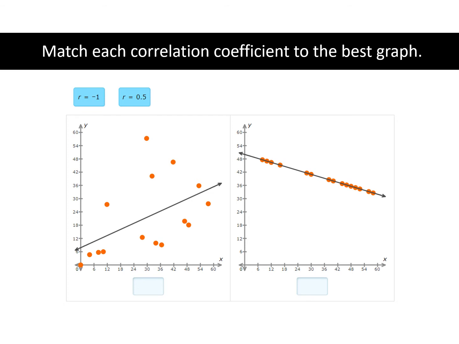So again, that will be the graph on the right. So R equals -1. And then the graph on the left, again, the dots are really spread out, but they kind of have that upward fashion. So that one's weak, moderate, somewhere in there. I'm not going to decipher which one it is. We're just trying to, again, do the matching. So this would be our R is equal to 0.5.